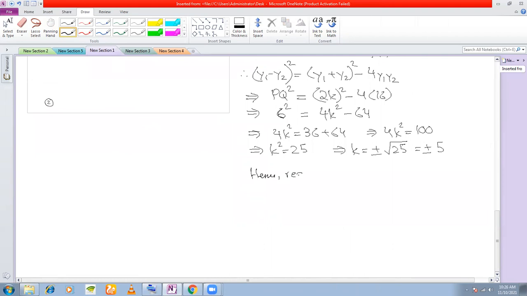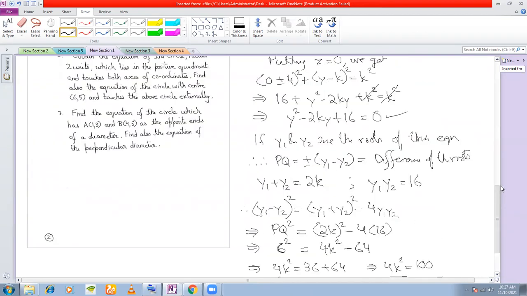Hence the required equation of the circle is (x ± 4)² + (y − k)² = k², where k here is ±5. So let's take ±5 here, whole square, equal to k², because the radius was equal to the y coordinate, isn't it?